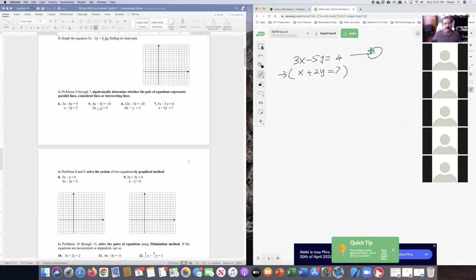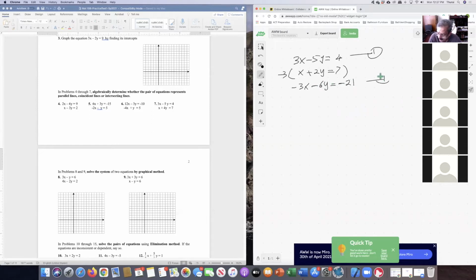My second equation, keep it. I'm multiplying second equation by -3. That will give you -3x minus 6y equal to -21.